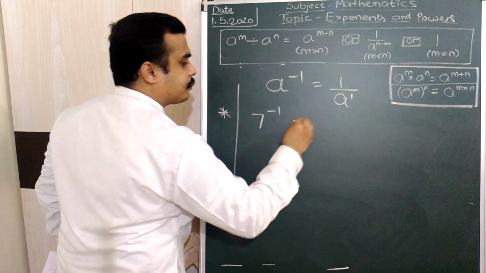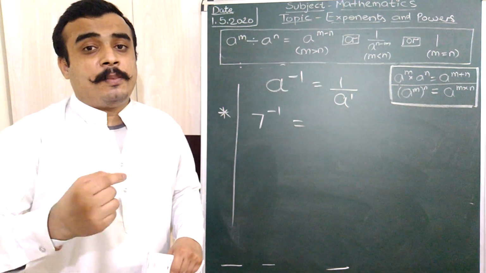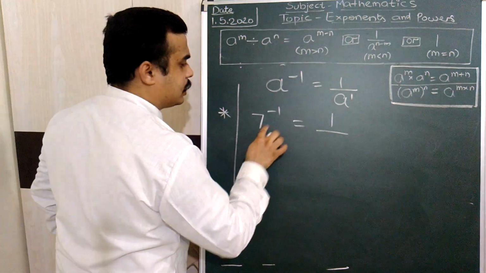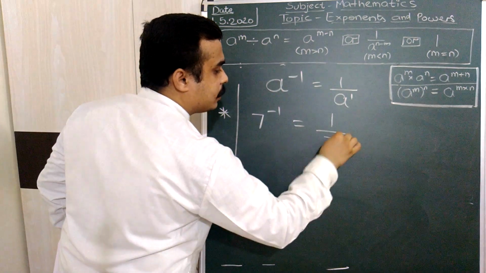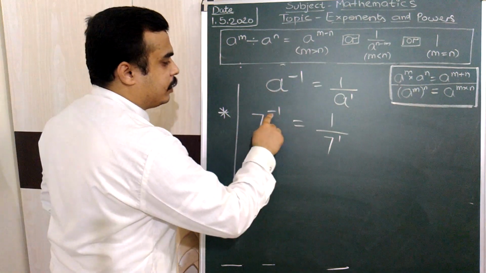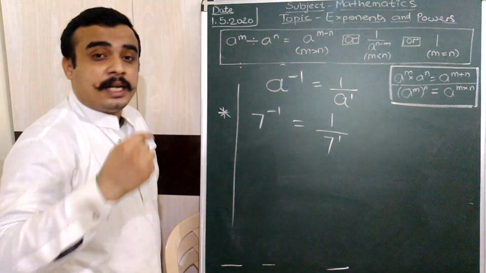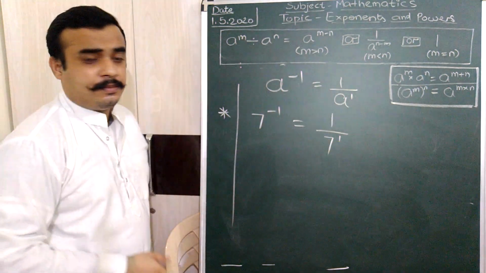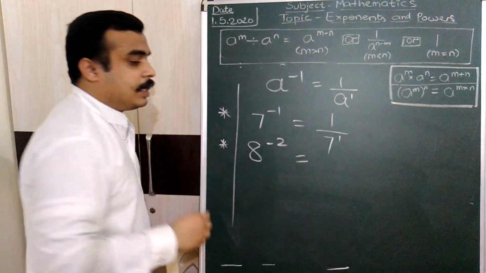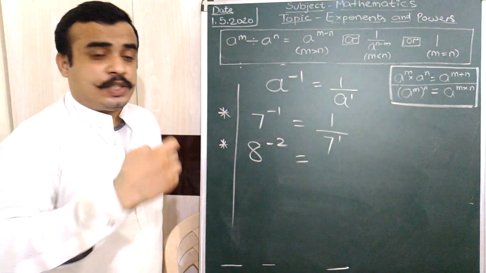Let's understand this with the help of the following example. Suppose we have 7 raised to the power minus 1. We can write it as 1 upon 7 raised to the power 1. So minus 1 will become plus 1. Now suppose we have 8 raised to the power minus 2.